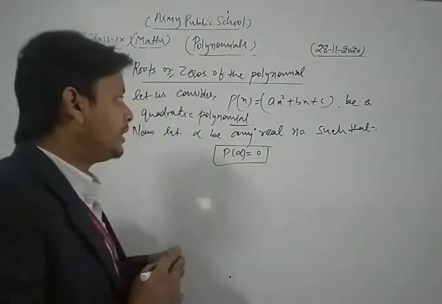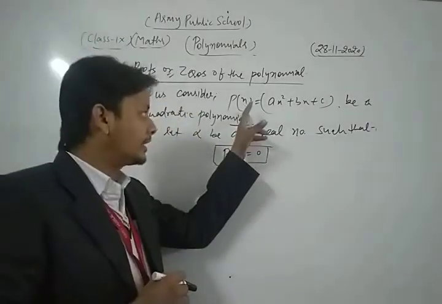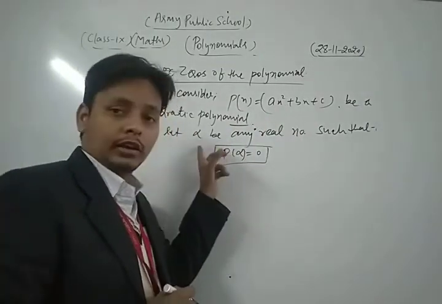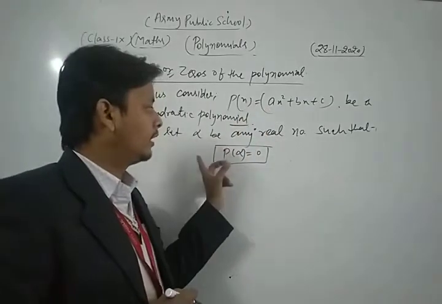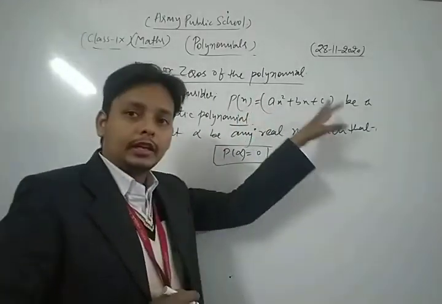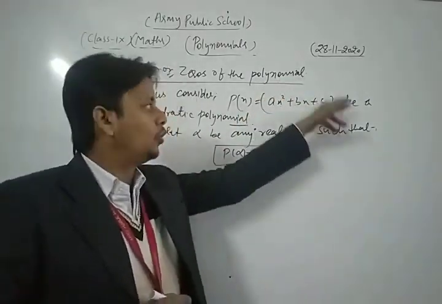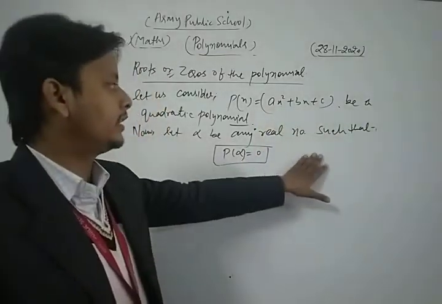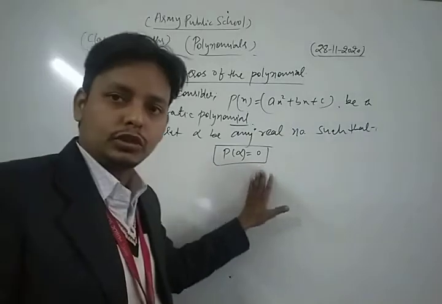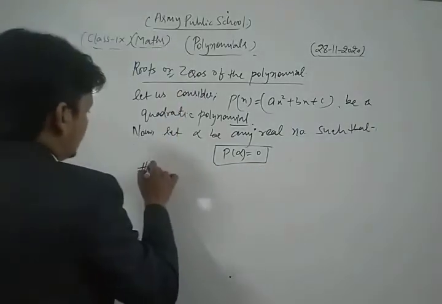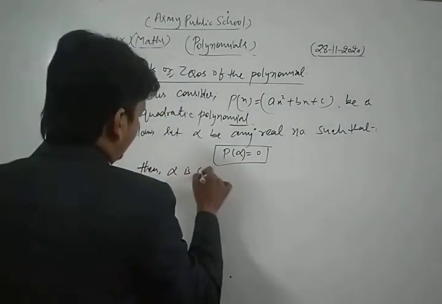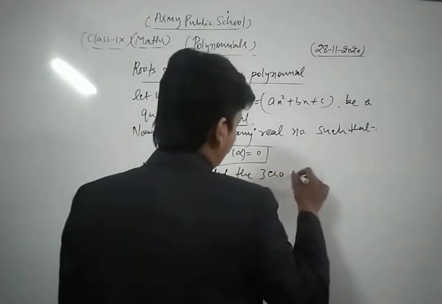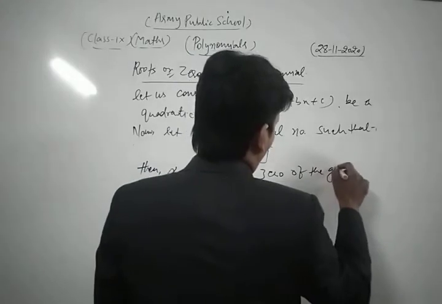That means if we replace the value of x by alpha, and at the point alpha the whole polynomial becomes 0, then alpha is called the zero of the given polynomial.